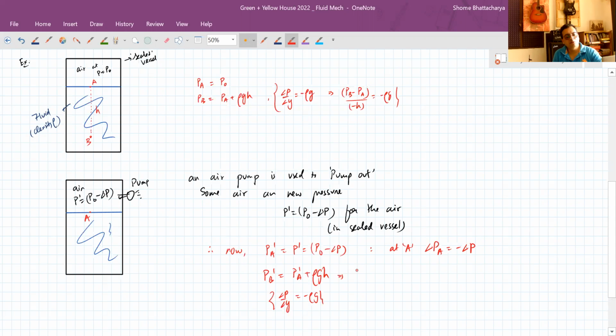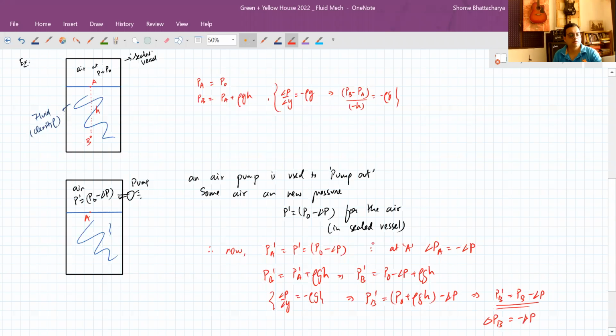So the new pressure at the point B will become P naught minus delta P plus rho gh. So you can see that the new pressure at the point B is P naught plus rho gh minus delta P. So this has also become what the original pressure was minus delta P. So the change in pressure for the point B is also minus delta P.